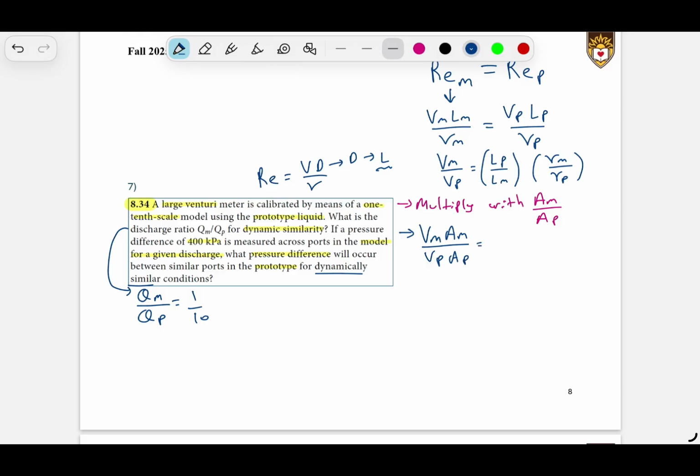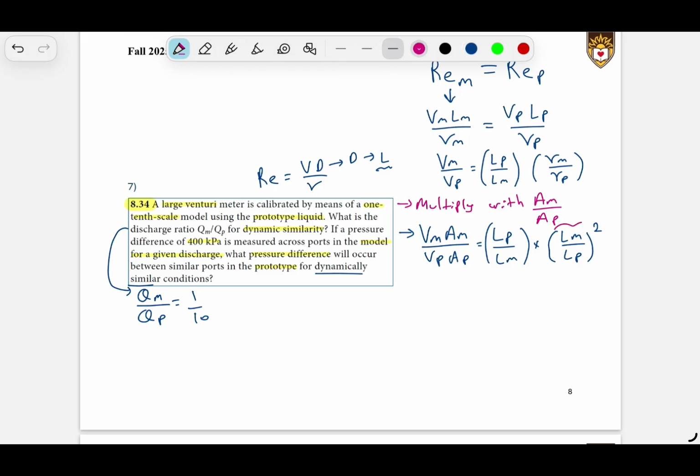So let's continue. So we will have VM, AM, VP, AP. This is equal to VP over LM. And now we will have area. So here we can actually say LM over LP square.